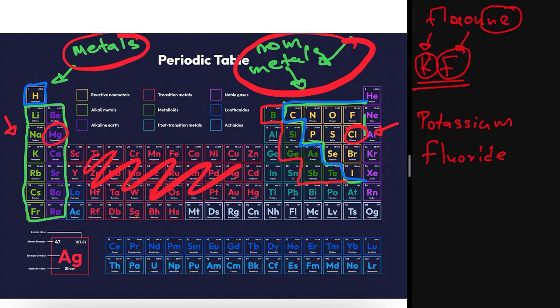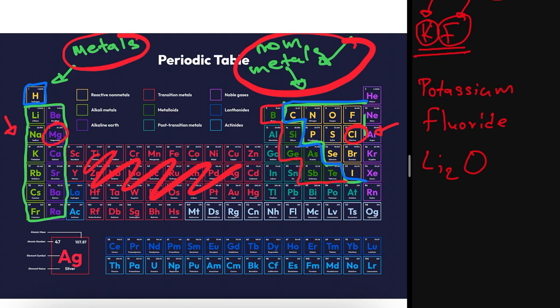Let's say, for example, we have Li2O, lithium oxide. So now, how do we actually label this? Remember, we do the very same thing. The first part that we have is a metal, so we just write the name of it as it is. It doesn't matter what number we have at the bottom or as a coefficient. That is not important.